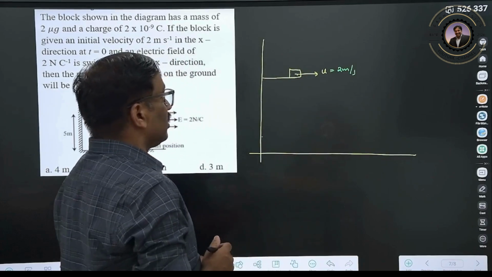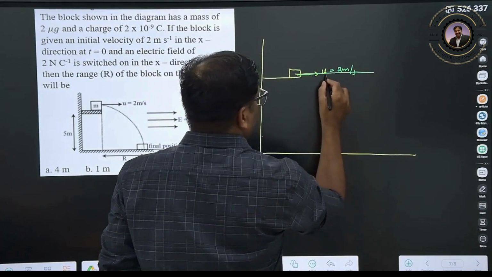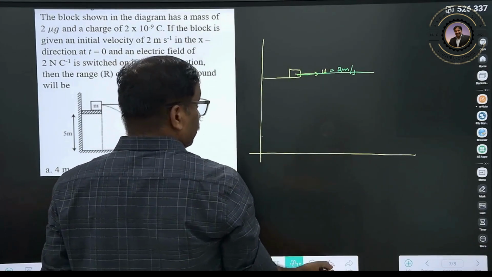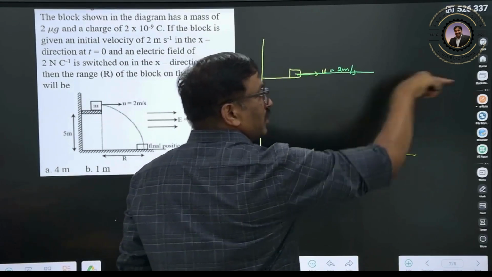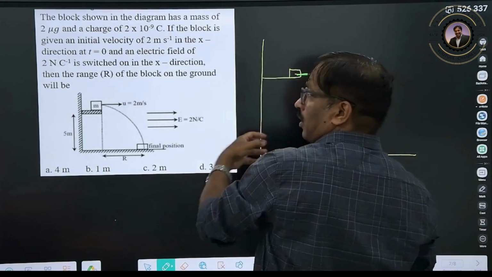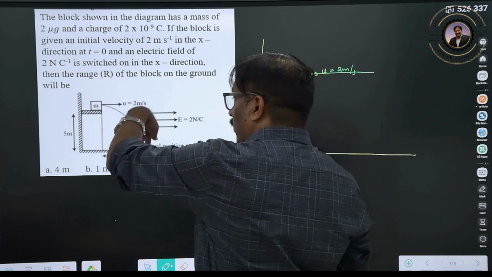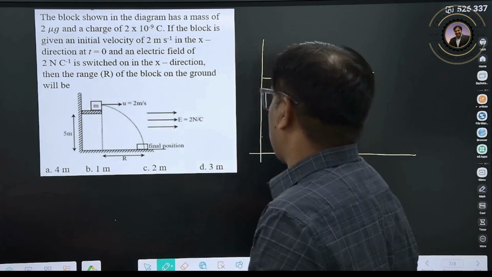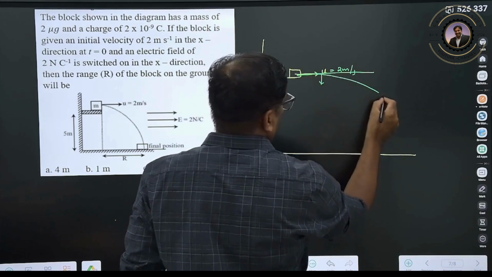But it is coming downward only because of gravity, because the electric field makes the object move toward this side only, and the downward force is only gravity. So downward it comes only due to gravity.